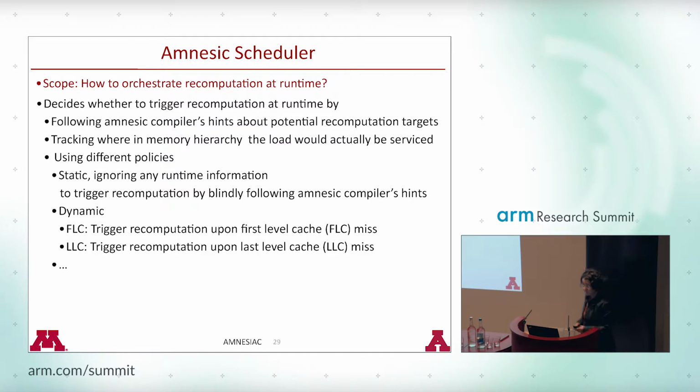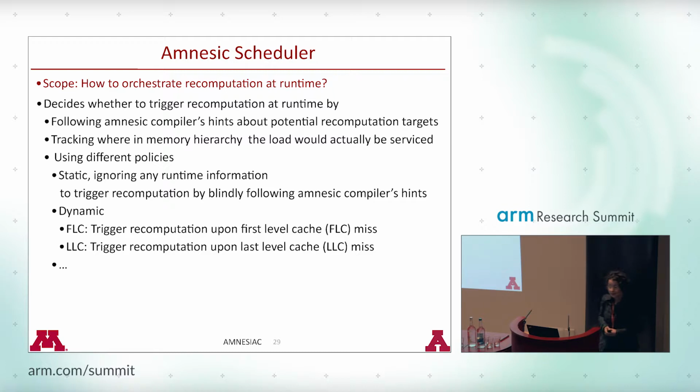Now, runtime orchestration of recomputation is the business of the Amnesic Scheduler. The Amnesic Scheduler has to decide whether and when to trigger recomputation by following Amnesic compiler hints about the potential recomputation targets and by tracking where in the memory hierarchy the load would actually be serviced.